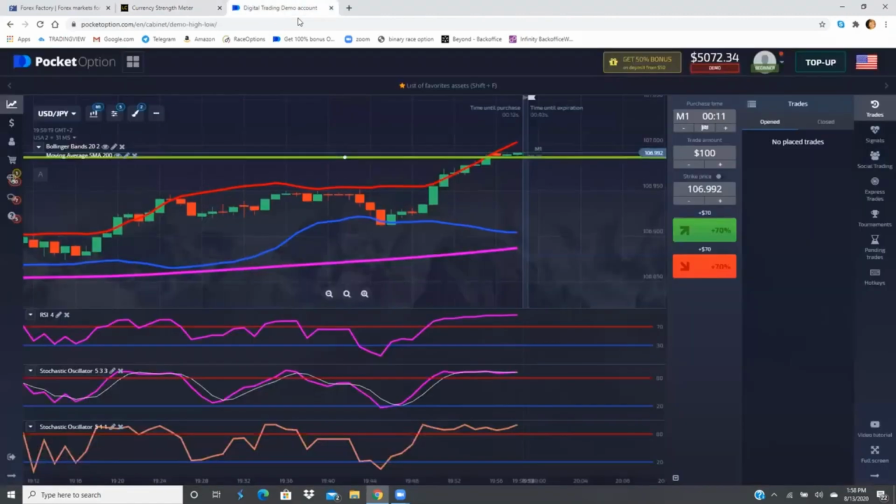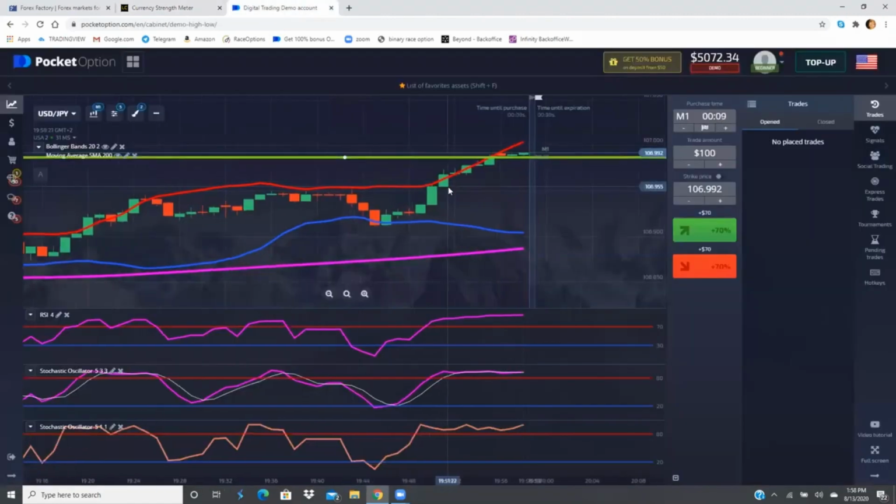So if we go back to the Pocket Option, what is it telling us? Remember, we were saying the moving average was telling us it was an uptrend, meaning USD is strong, right? Because USD is the first currency in the pair. You have to know which is the first currency in the pair to compare it to the second one.